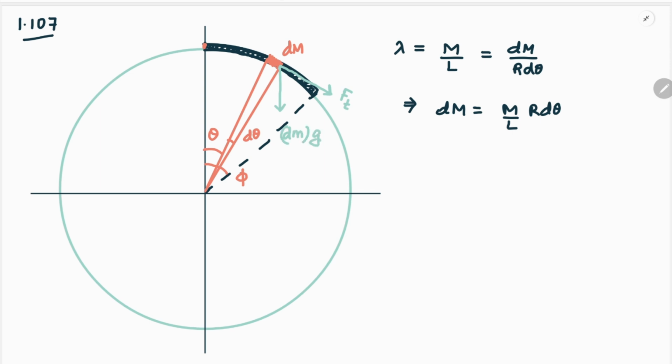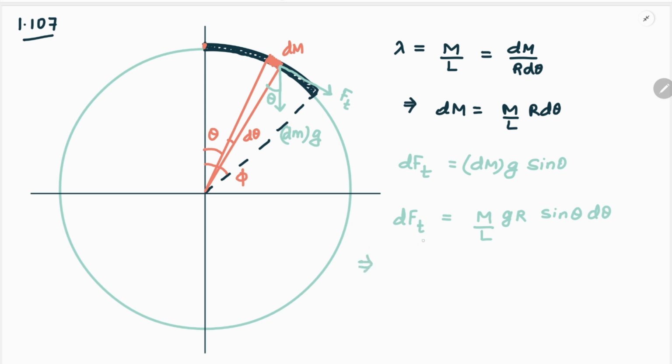If this angle is theta, this one is also theta, so this is 90 minus theta, so dm g cos(90 minus theta), that is sin theta. So the tangential component of force on this small mass segment can be written as m by L g r sin theta d theta, and if we integrate this expression, we will get the tangential acceleration.